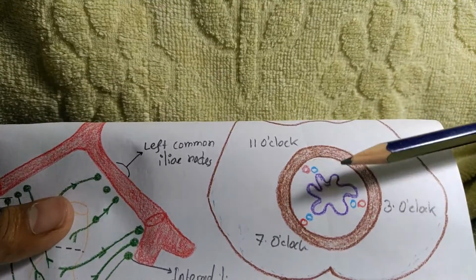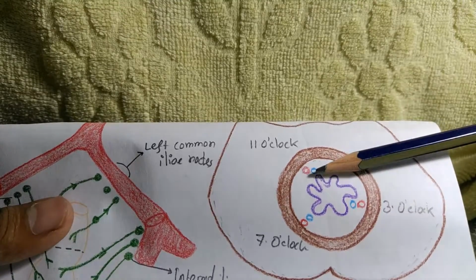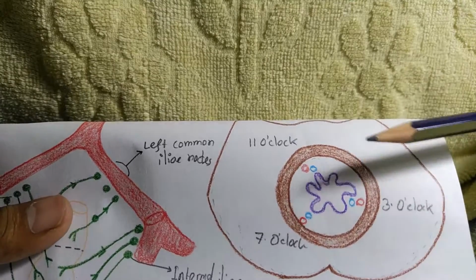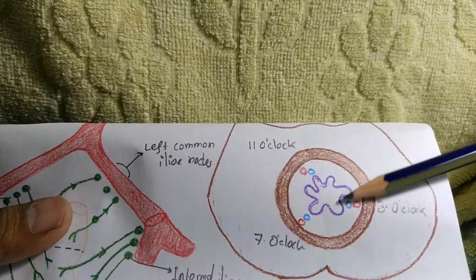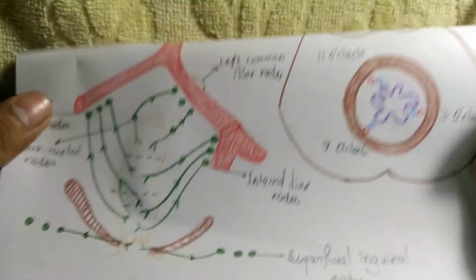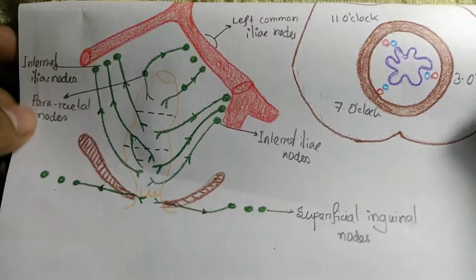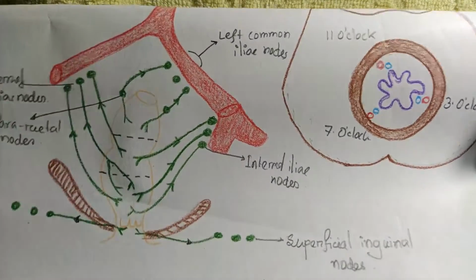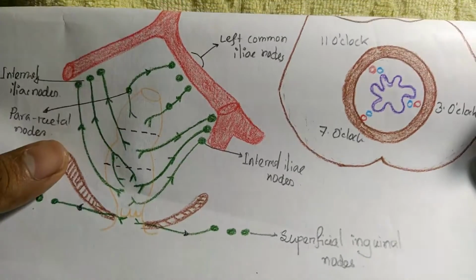At 11 o'clock, this is the right anterior venous plexus. At 7 o'clock, this is the right posterior venous plexus, and the left lateral venous plexus is at the 3 o'clock position. Okay, so there are many clinical anatomies. Later I will make a video about the clinical anatomy of the rectum and anal canal.